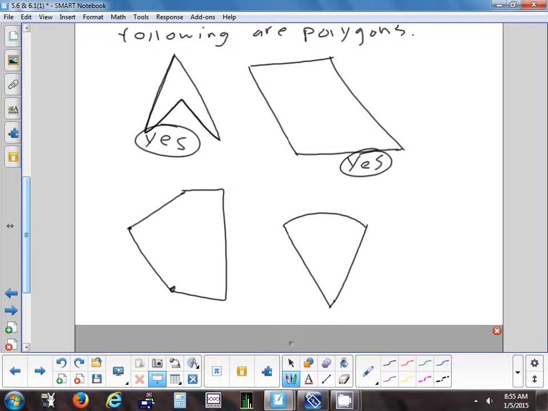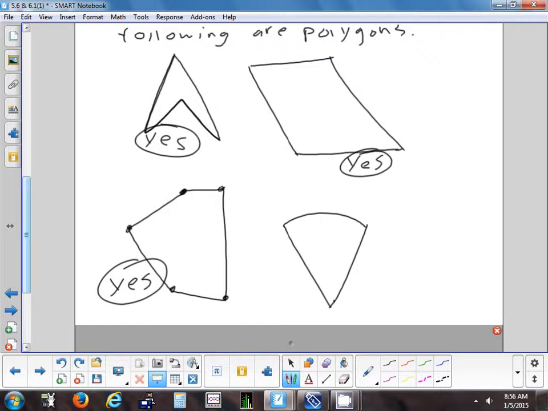If you mark all the vertices, does each vertex have two segments going into it? Yep. Are there any curved segments here? No, nothing's curved. And are there at least 3 segments in that picture? Yep. In fact, that's another pentagon.